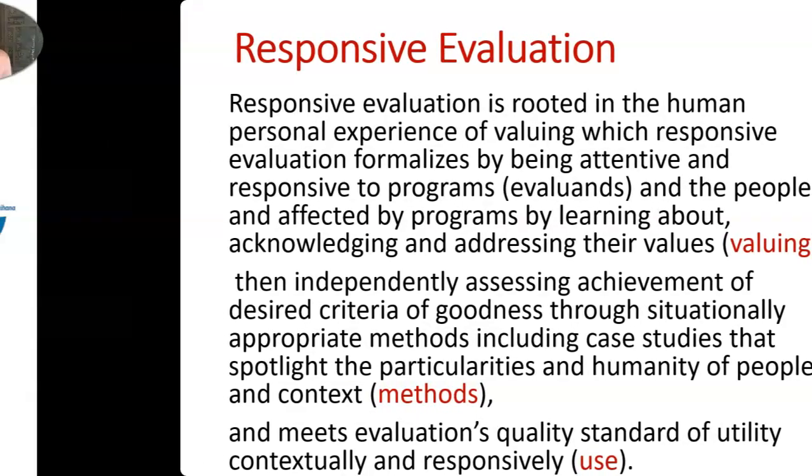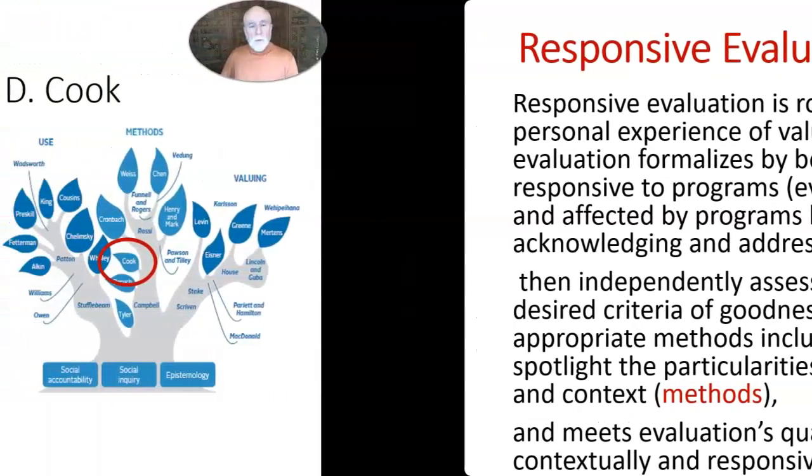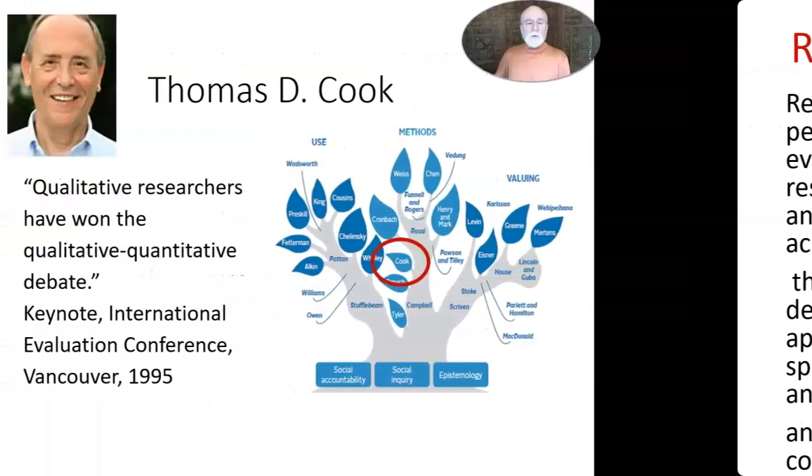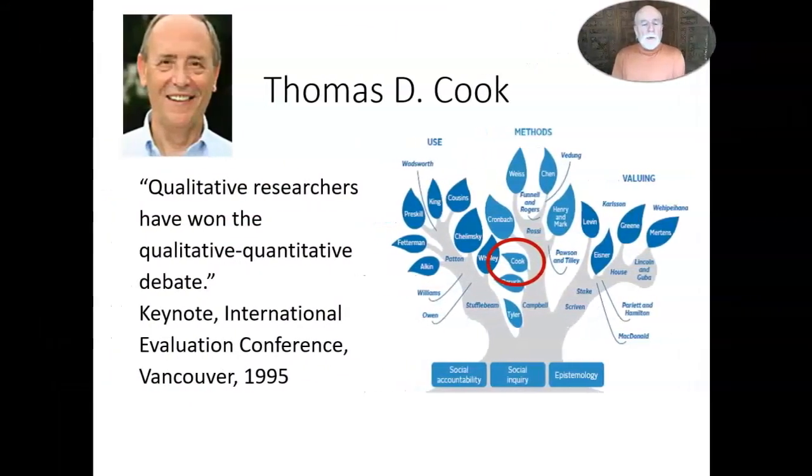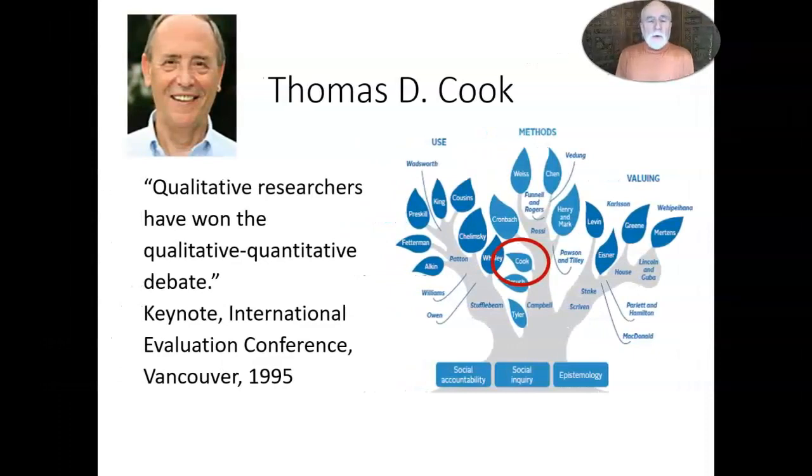Tom Cook, featured on the methods branch as an experimental researcher, said in a keynote address to the International Evaluation Conference in Vancouver in 1995, "Qualitative researchers have won the qualitative-quantitative debate." What did he mean by won? He meant they had won legitimacy, that qualitative methods had demonstrated epistemologically and ontologically their value in evaluation.